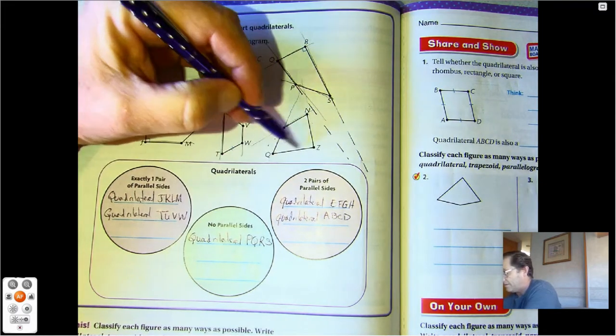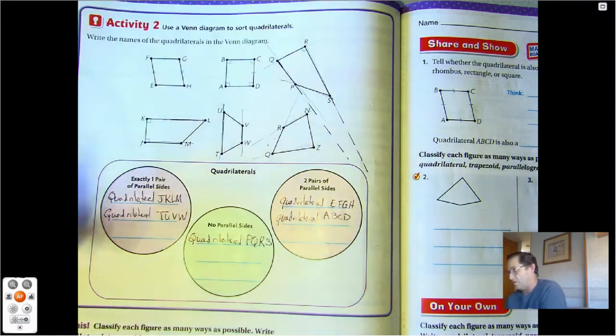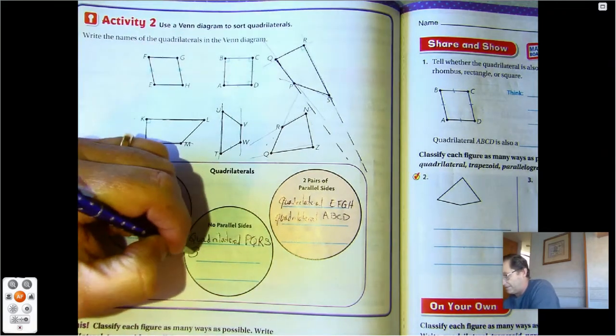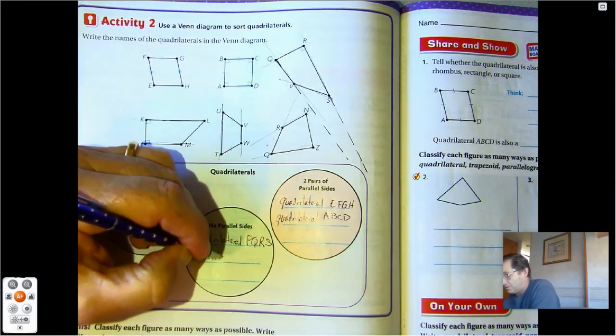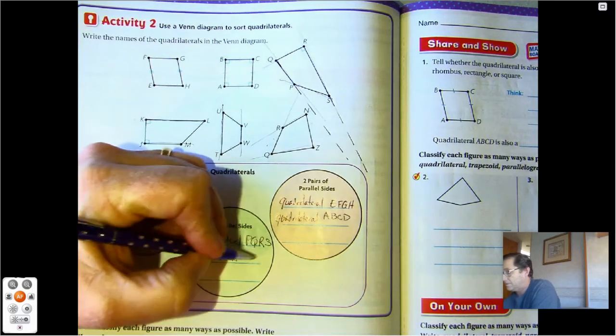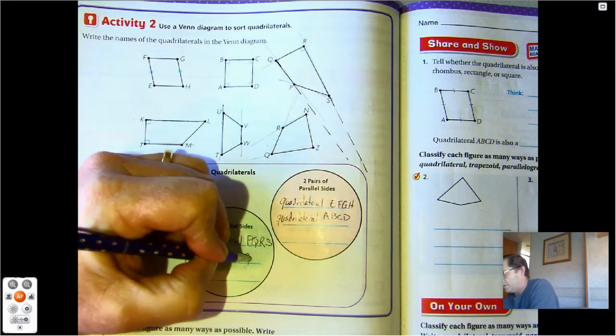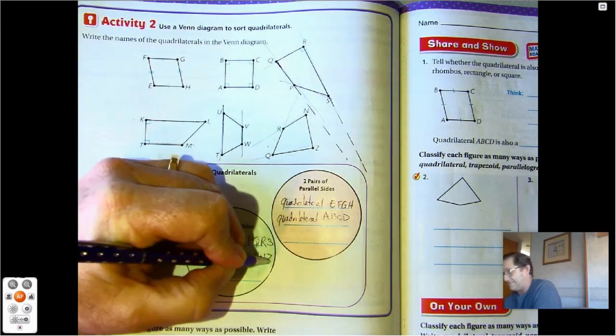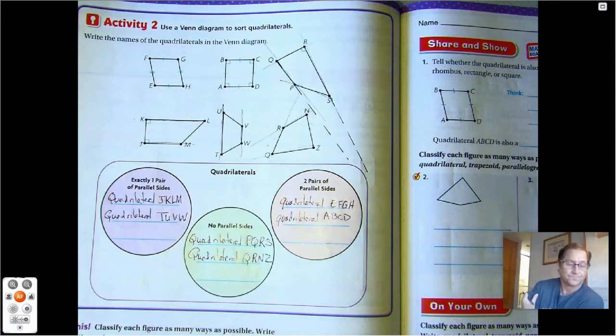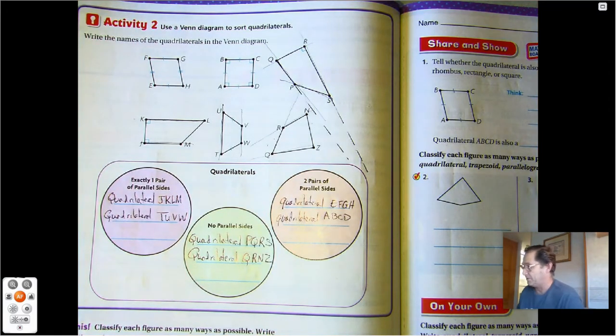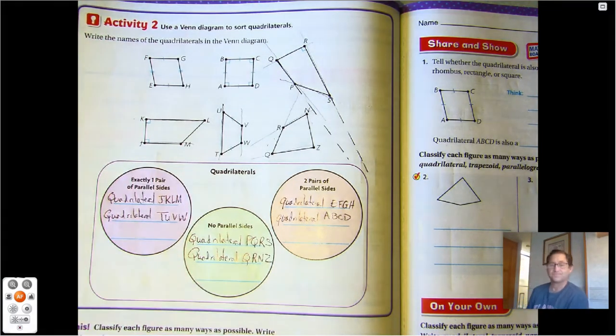If I extend this out, they would cross. So no, this one doesn't have any parallel sides either. So quadrilateral Q, R, and Z. All right, so there should have been two in each section.